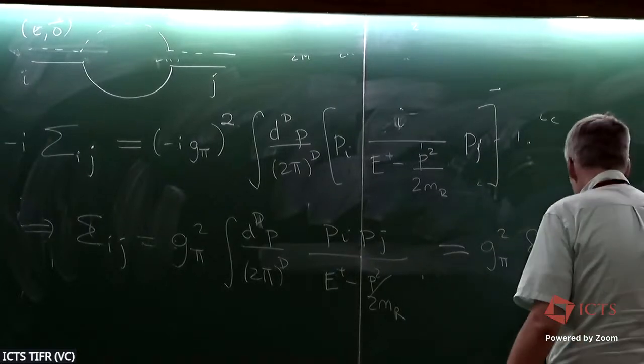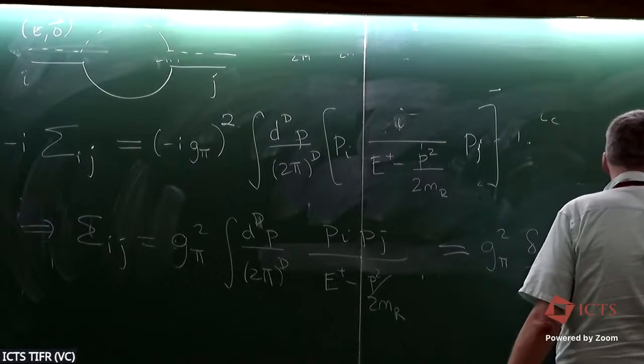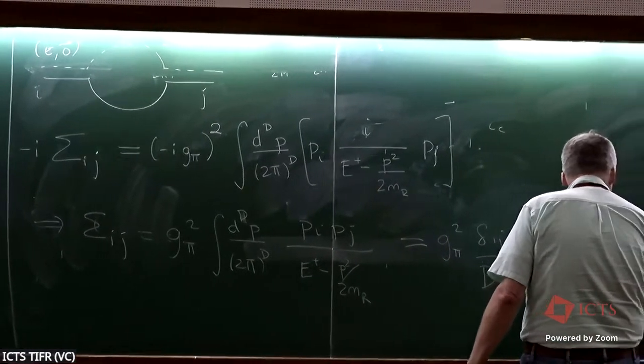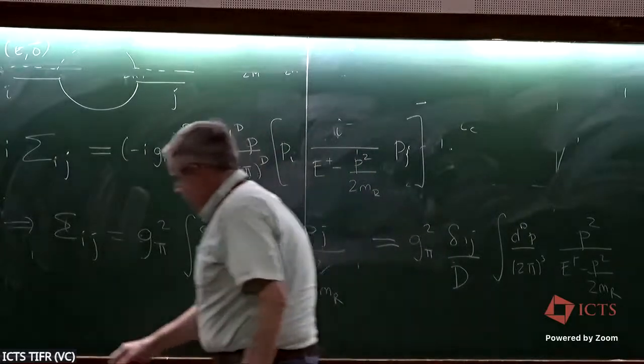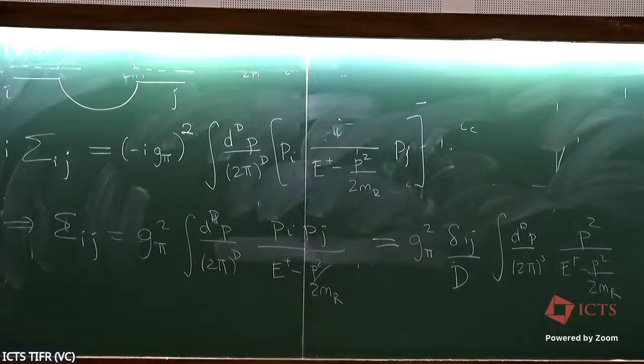And then what you're left with under here is p squared over E plus or minus p squared over 2m_r. Now we're going to exploit the fact, once again, that we're doing this in dimensional regularization.